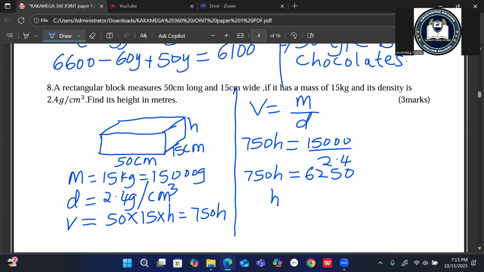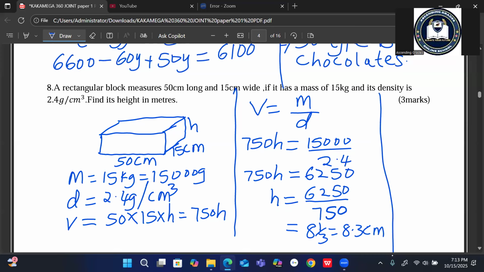So your height will be equal to 6250 divided by 750, which will give you 8 and a third, which is just 8.3 centimeters. That is the height in centimeters, but we are told to find its height in meters.